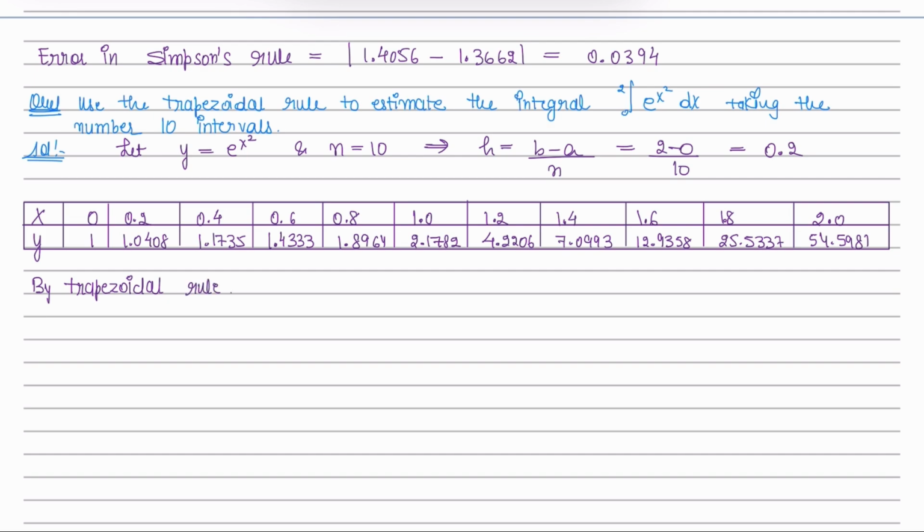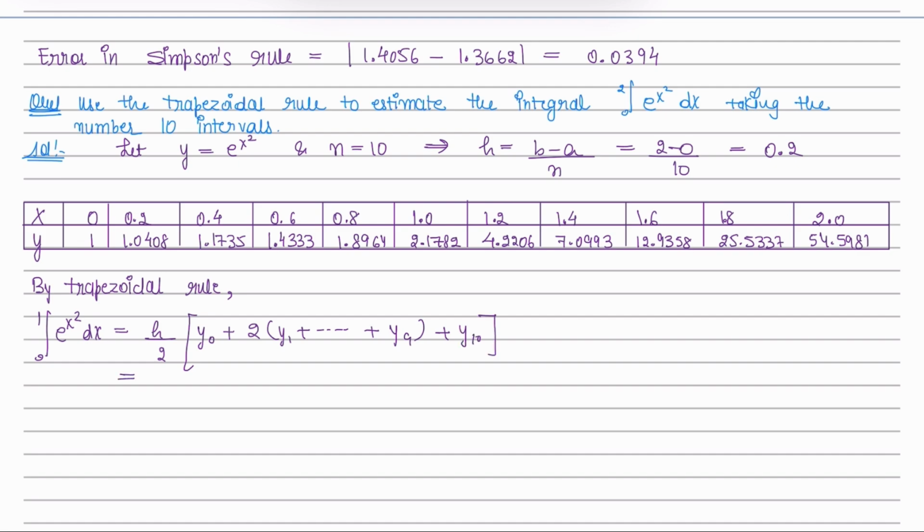and by the trapezoidal general rule, the integral is equal to h by 2 into y naught plus 2 times the rest of all the terms till y9 plus the last term.